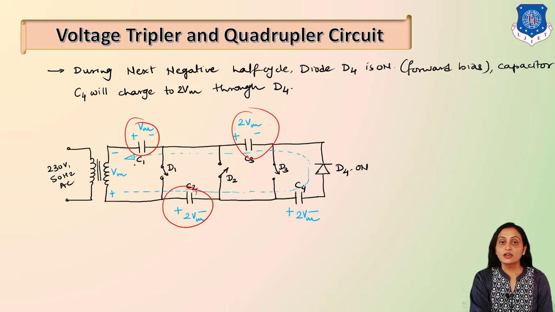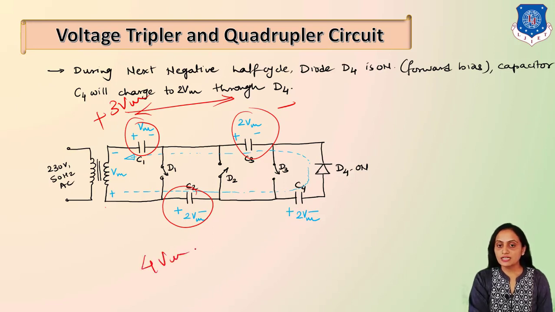Now in the fourth half cycle, the negative half cycle, if we see the net effect, minus plus, minus plus, the addition of these two is 3 Vm, and then again minus plus, so it is additive, so it will be 4 Vm, and then plus minus, so it is subtractive, 4 Vm minus 2 Vm.